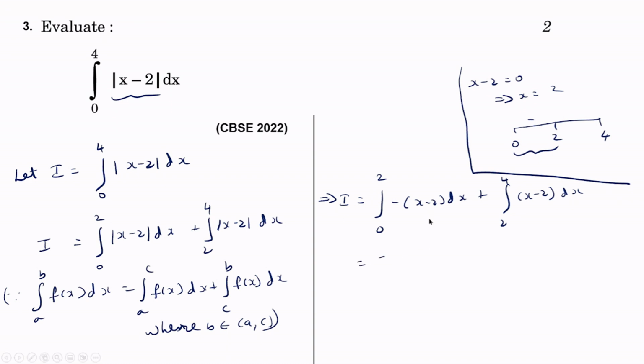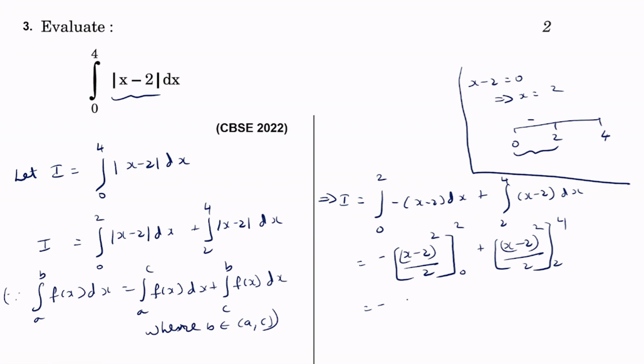So here the integral of x minus 2 dx is x minus 2 the whole square by 2 with the limits 0 to 2, plus x minus 2 the whole square by 2 with the limits 2 to 4. So here when we substitute the upper limit, it is 0, minus, when we put the lower limit, it is 0 minus 2 the whole square, 4 by 2, which is 2, plus here when we substitute the upper limit, it is 4 minus 2 the whole square, 2 square, which is 4, divided by 2 is 2.